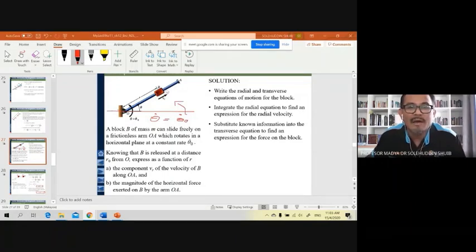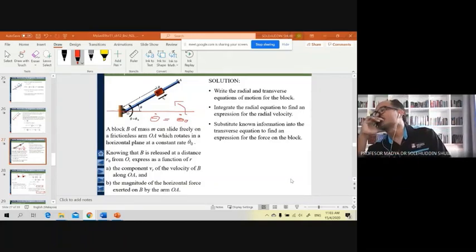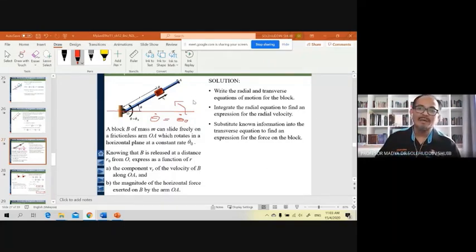Outward or inward? It's not up or down. It is outward or inward. If upward, it goes this way, and if downward, it goes down this way.